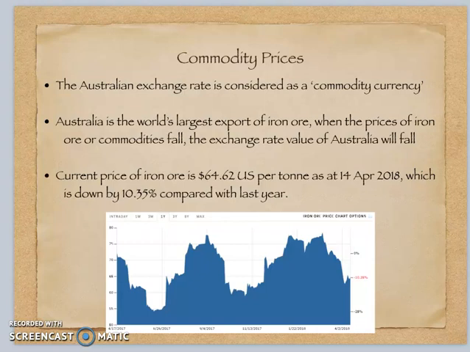At this moment, the price of iron ore is $34.62 per ton. Compared with last year, the price has gone down by 10.35%. They will continue importing iron ore from Australia, and the total value of exports increases. Therefore, demand for Australian dollar increases and the value of Australian dollar will go up.